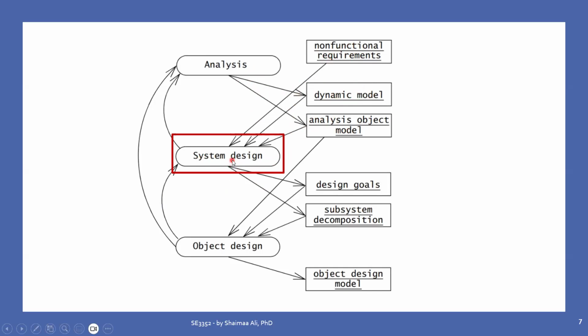The output is the design goals and the system decomposition. We can also put it in a model, and we'll see one type of model that we can use for the organization of the subsystems.